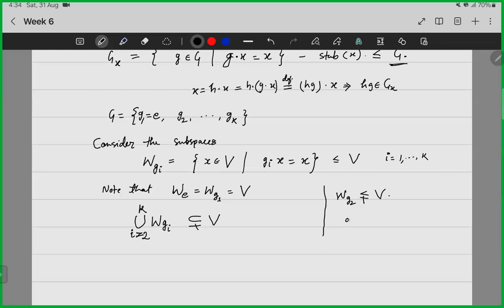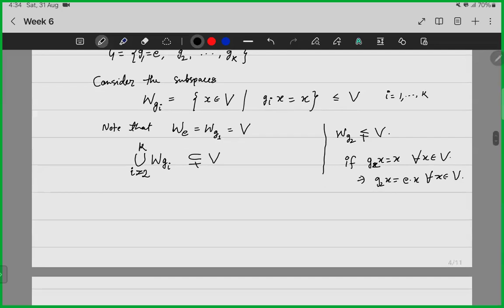Why? Because if g2(x) equals x for every x in V, then this can be written as g2(x) equals e(x) for every x in V. Now g2 is an automorphism of V, and it fixes everything.